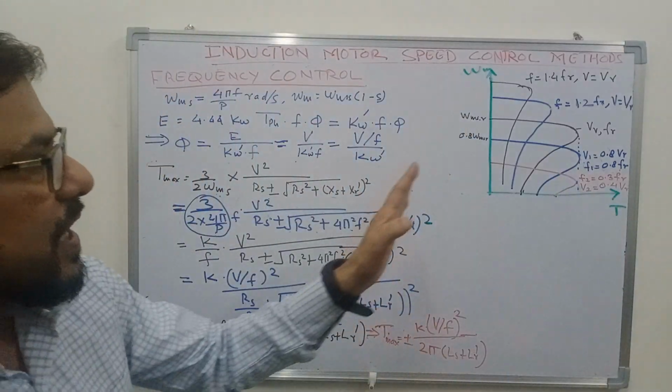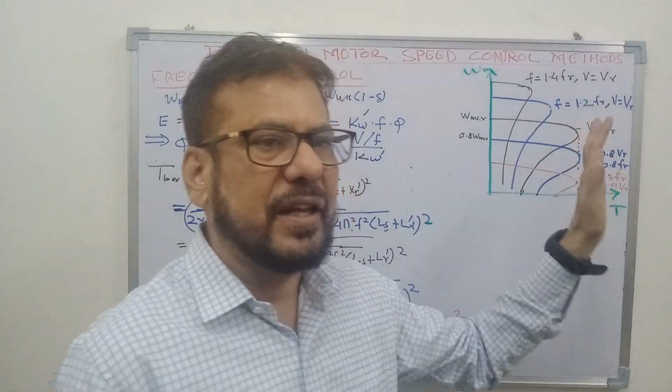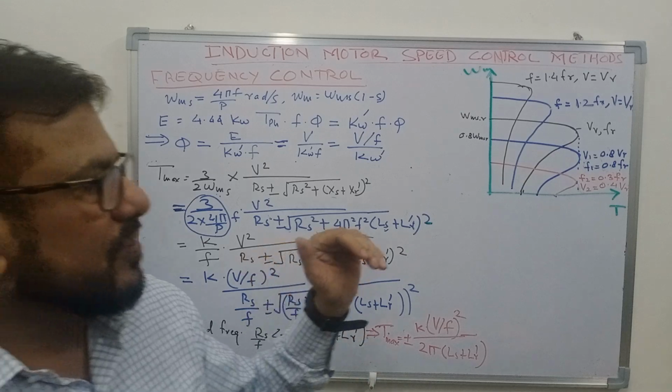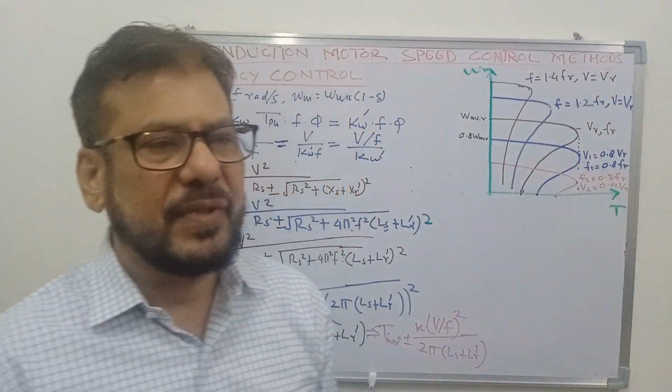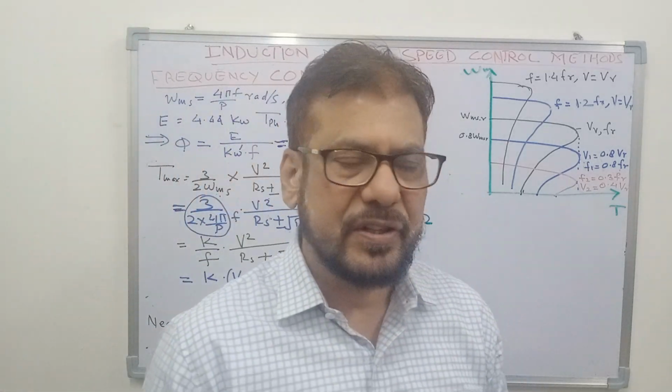The motor cannot handle the same torque as it was able to handle at the rated voltage or below the rated voltage. So speed control is possible in the whole range, but above the rated speed, the torque handling capability will be sacrificed.